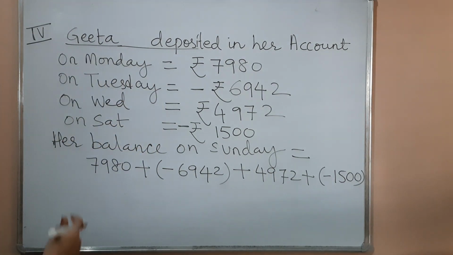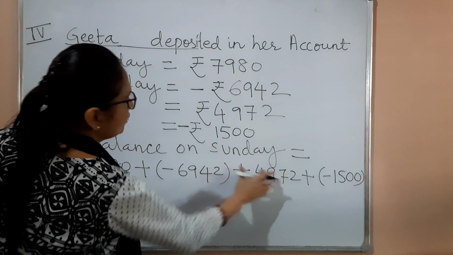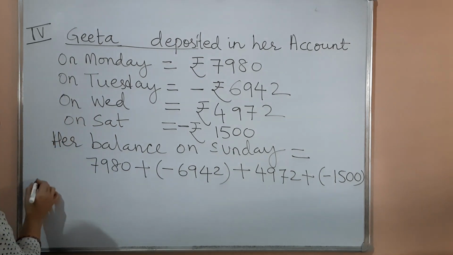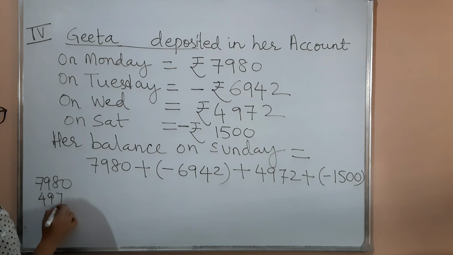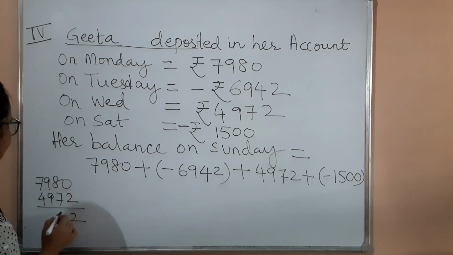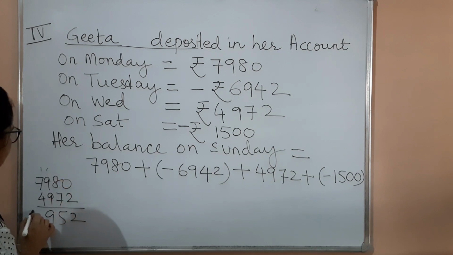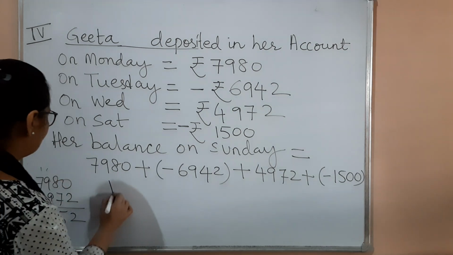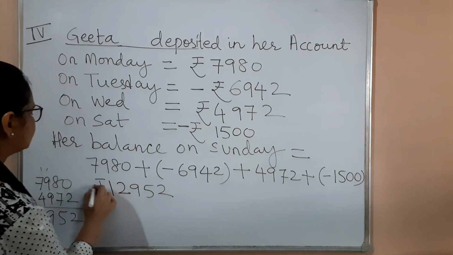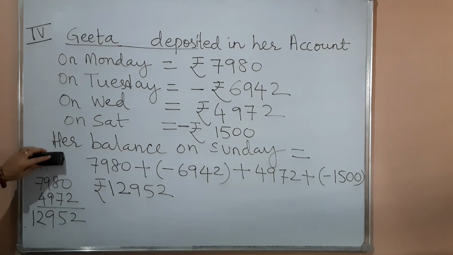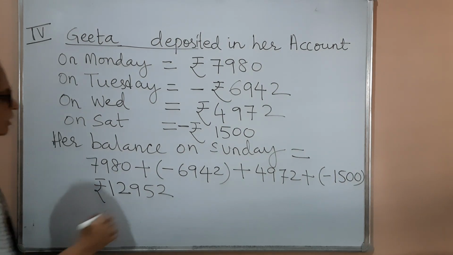Now we know, in total, she deposited 7980 plus 4972. That means it becomes 12952, the total she deposited, right? And how much has she withdrawn?